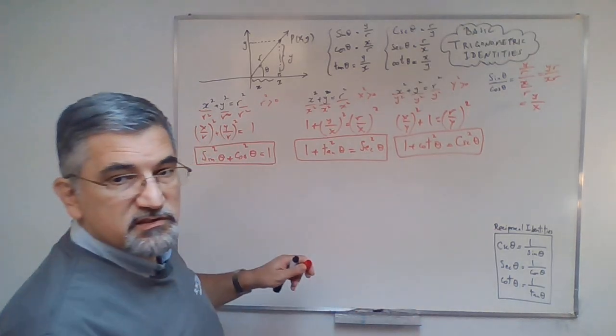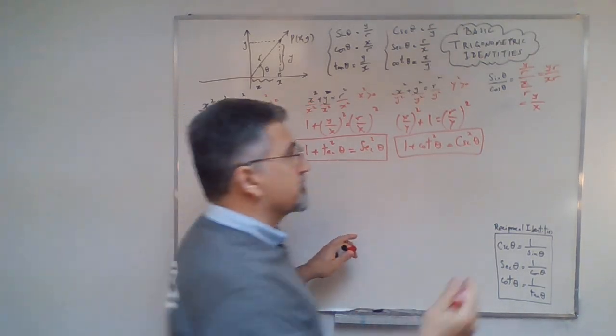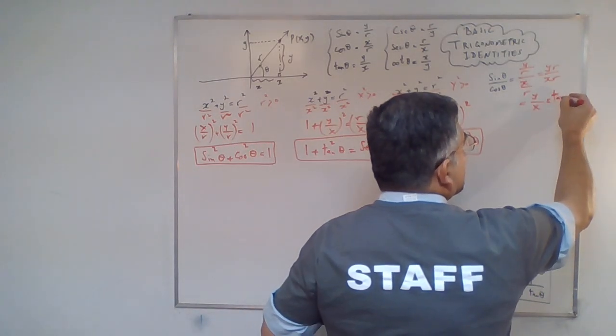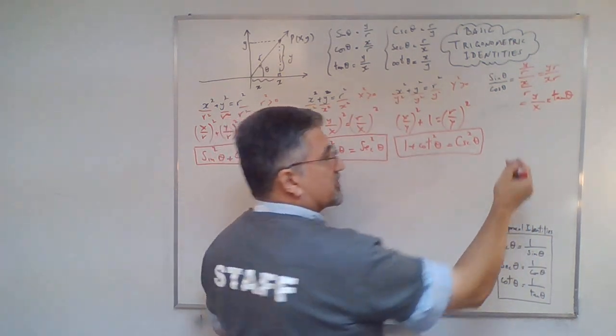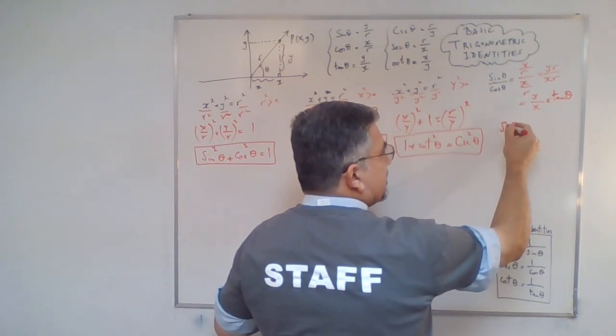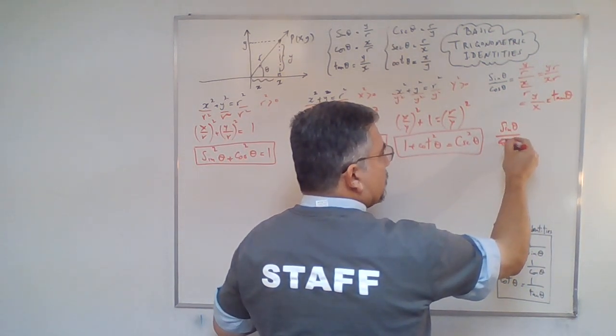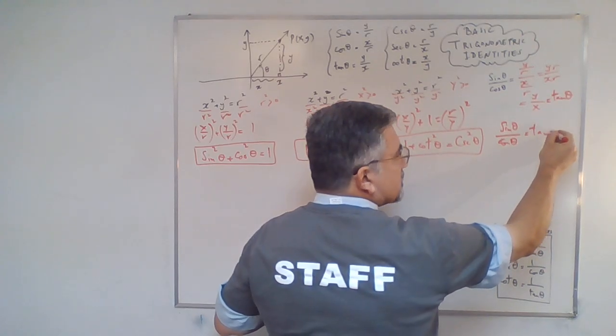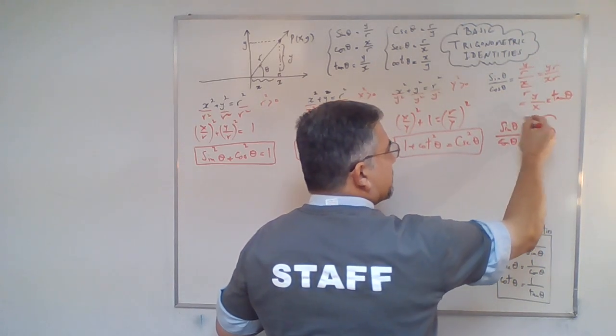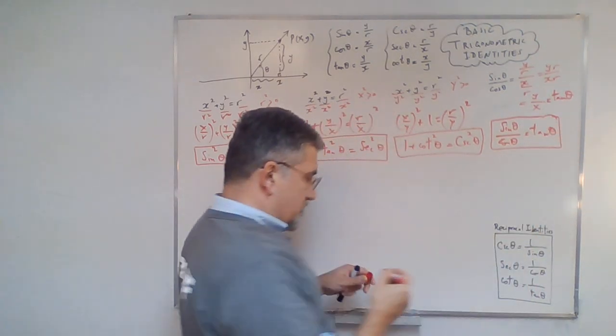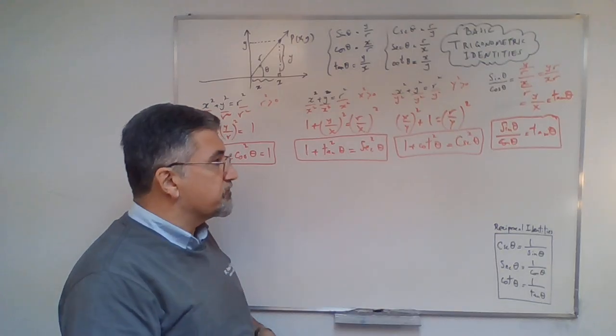But y over x is something familiar. That was tangent of theta. So we conclude that sine theta over cosine of theta equals tangent of theta. This is another identity known as the quotient identity.